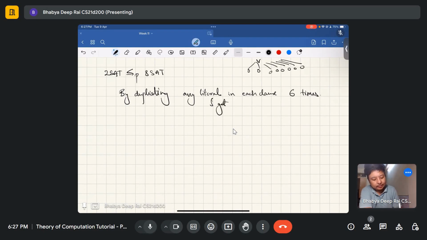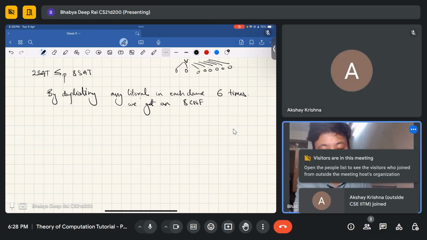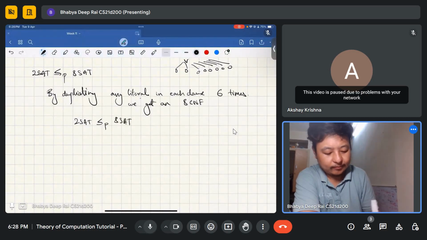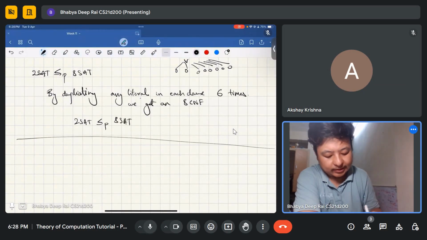We get an 8 CNF. Right? And like we argued before, 2 sat reduces to 8 sat. Therefore, this is true.